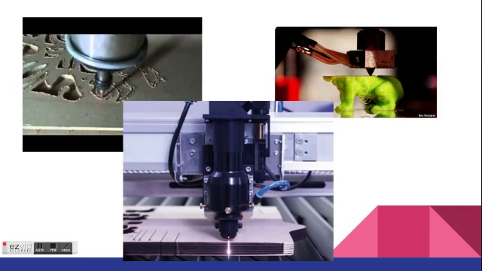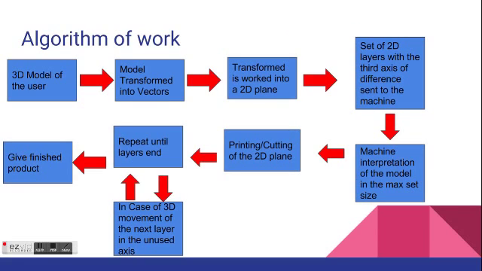The algorithm basically starts from a free model, which is the input of the user, and it may be varied from the scan or a version of it. Then the model is transformed into simple vectors, generally into a 3D plane of vectors or into a two-dimensional representation of a 3D plane of vectors.